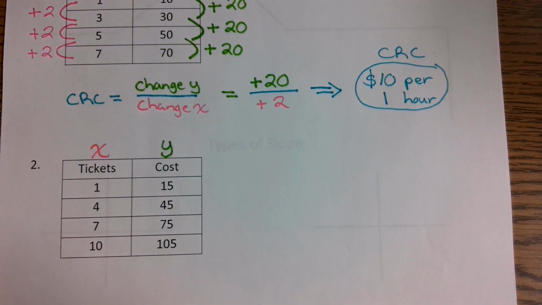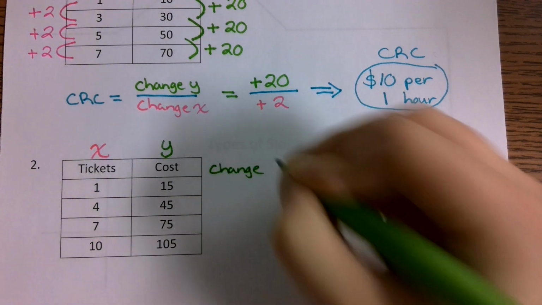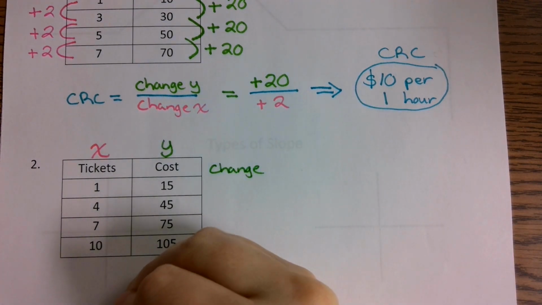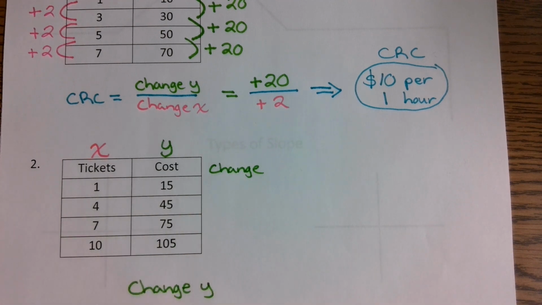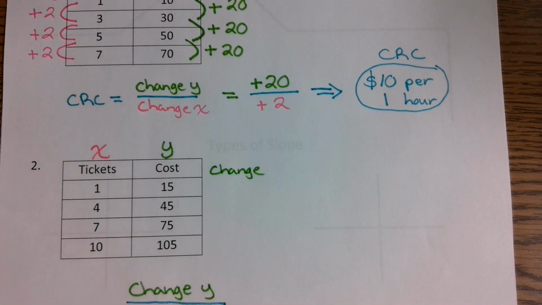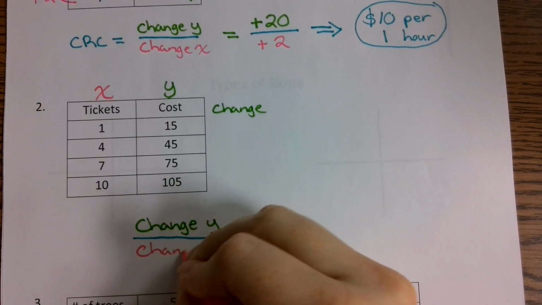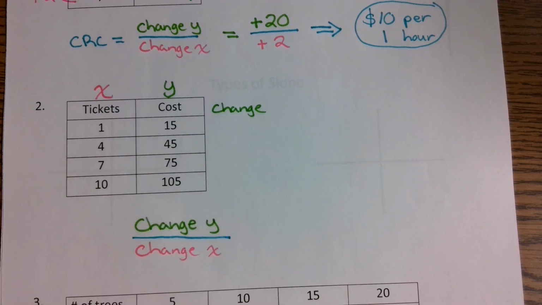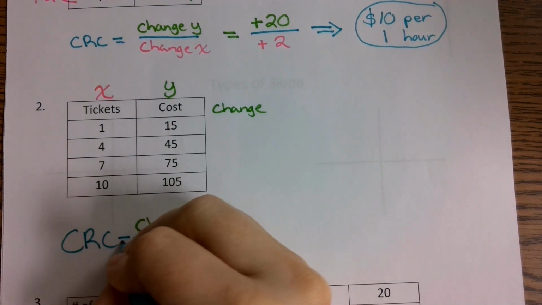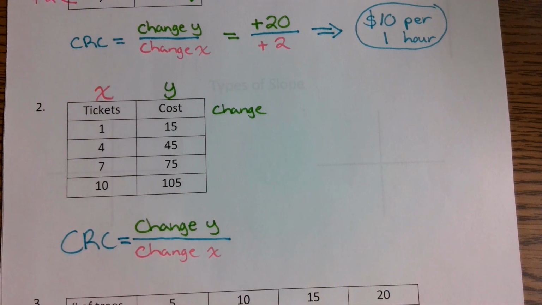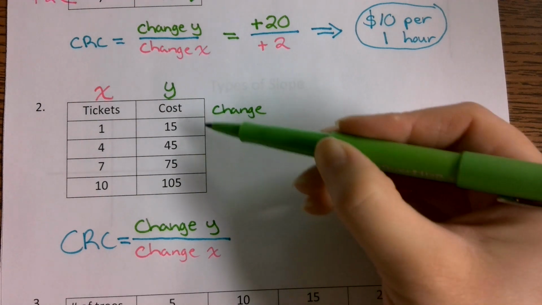Okay, the first thing that we want to identify is the change that's going to happen in those Y values. Because remember, we need to identify the change of our Y, and we'll put it over the change of our x. So who can raise their hand and tell me what are we changing by from each of these y values?